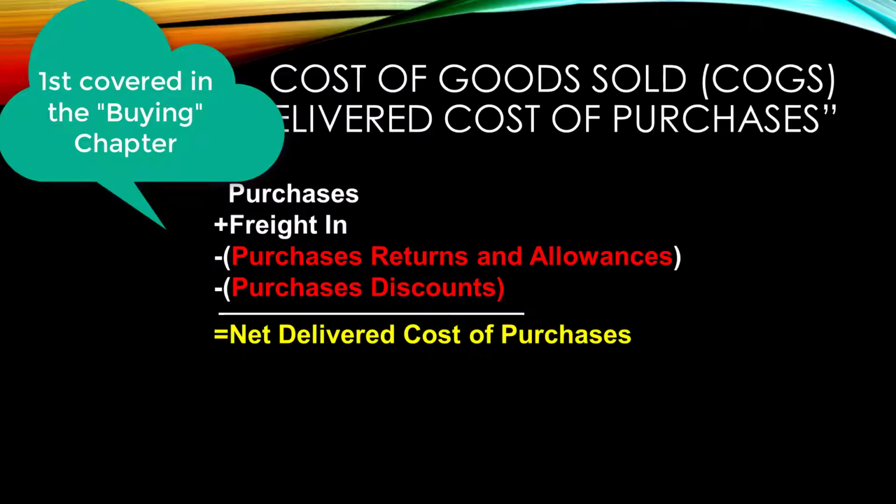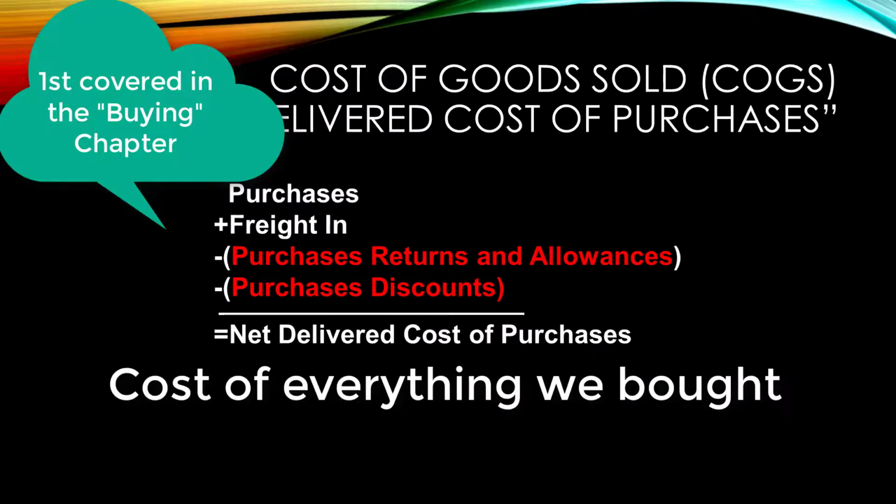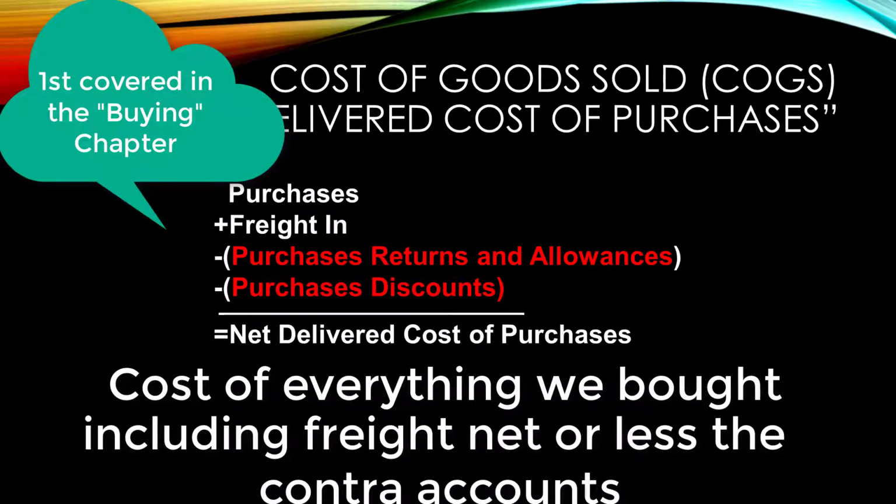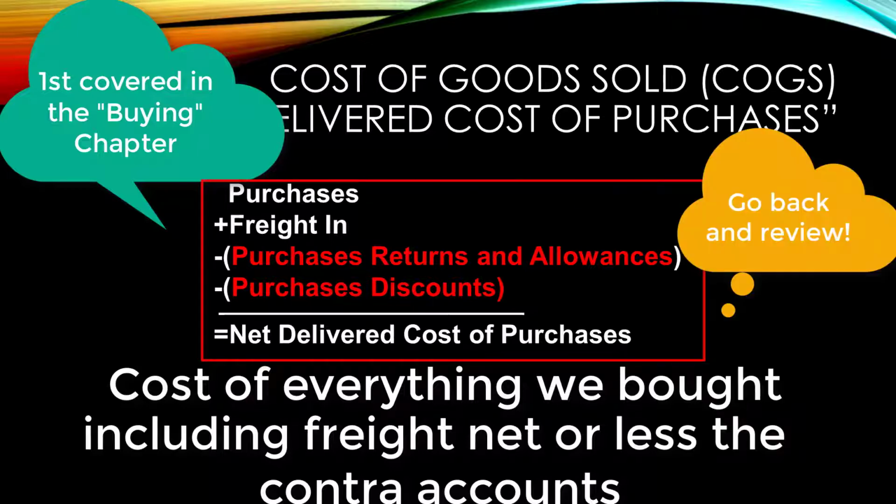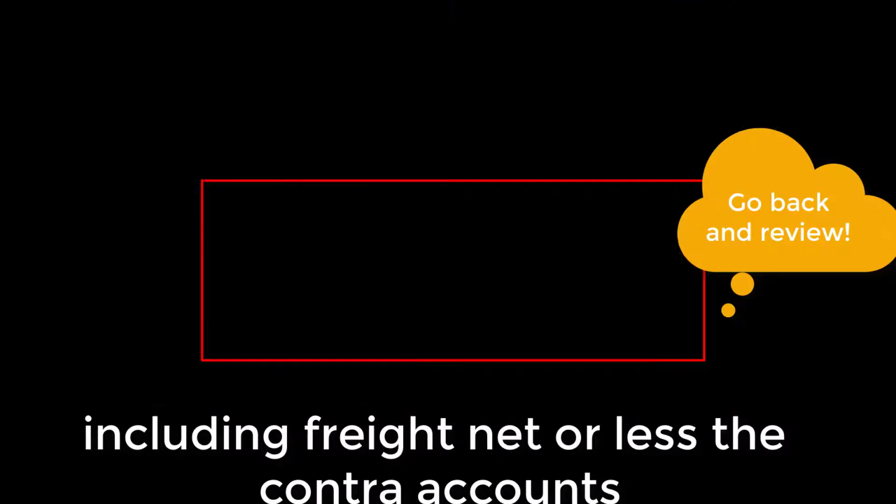If you look at that and take it grammatically apart piece by piece, that means this is the cost of everything we delivered, including freight, net or after the contra accounts. Take a look at the slide and refresh your memory. Again, this is the biggest chunk contained within the cost of goods sold section.